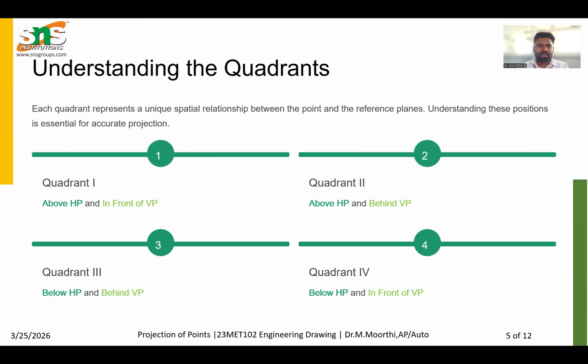The first quadrant is located above the horizontal plane and in front of the vertical plane. The second quadrant is above the horizontal plane and behind the vertical plane. The third quadrant is below the horizontal plane and behind the vertical plane. Likewise, the fourth quadrant is below the horizontal plane and in front of the vertical plane.